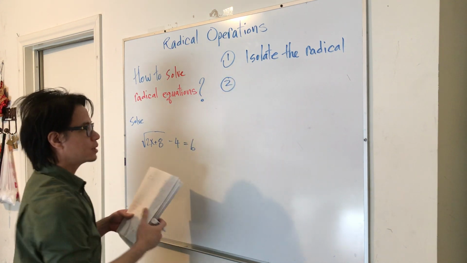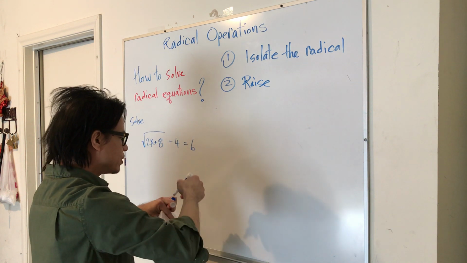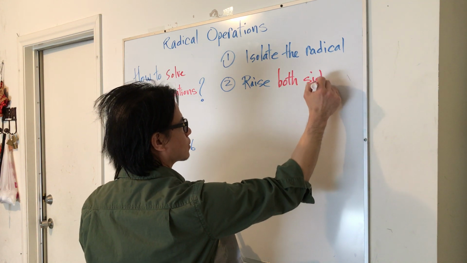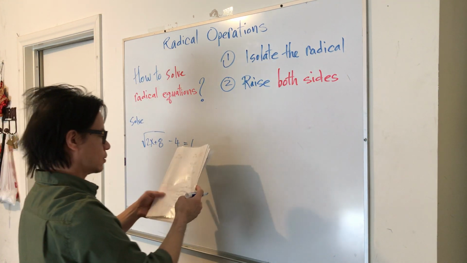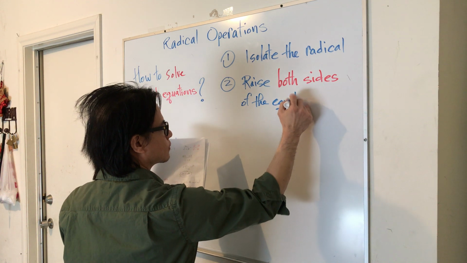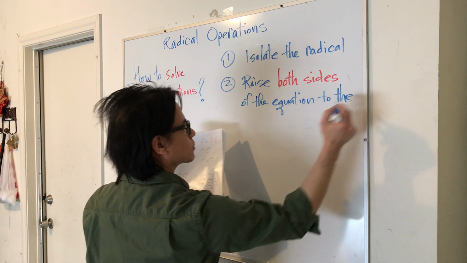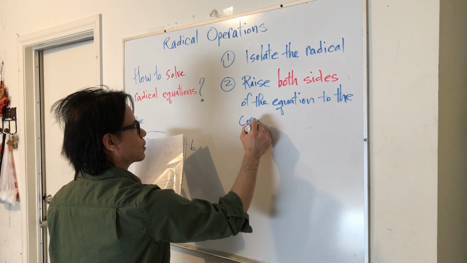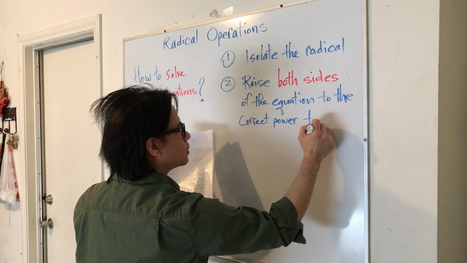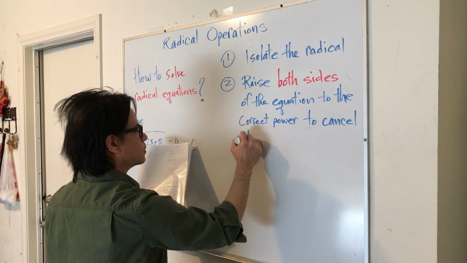Step 2, we need to raise both sides of the equation to the correct power, and you'll see what we mean here in just a bit, in order to cancel out the radical.